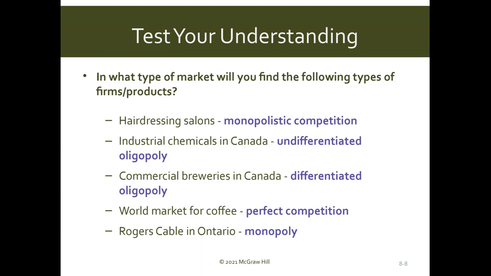It doesn't matter, all HCl is still the same. Commercial breweries in Canada, differentiated oligopoly. World market for coffee, perfect competition, but for the whole world. And Rogers Cable in Ontario. I'm not talking about Rogers in Canada because there are other companies as well. Rogers Cable only in this specific area. Yes, Rogers has a monopoly. Okay.